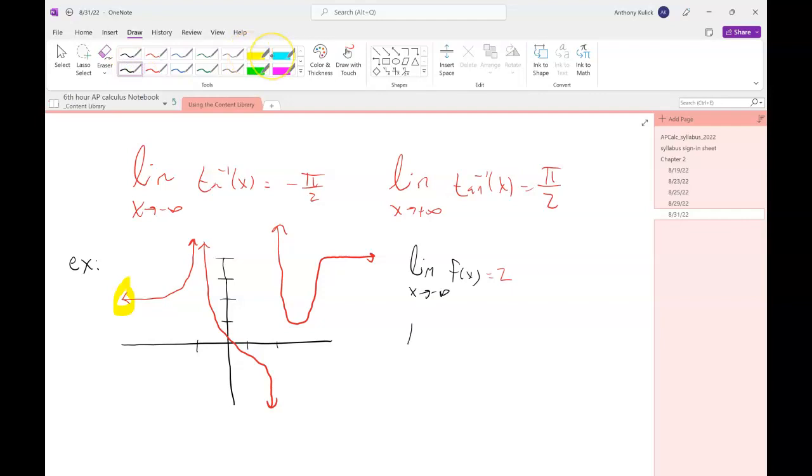We'll go to the next arrow. That's the limit as x approaches negative 1 from the left. That goes to positive infinity. And then the next one is the limit as x approaches negative 1 from the right.